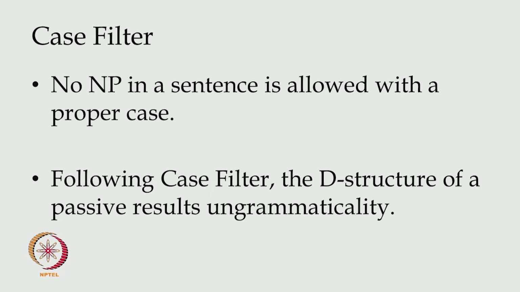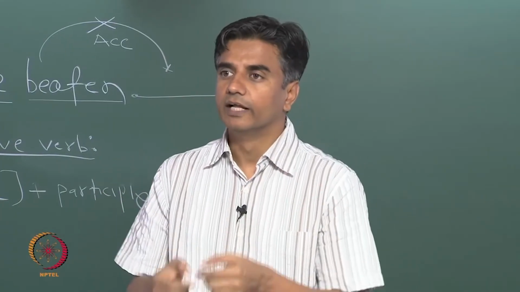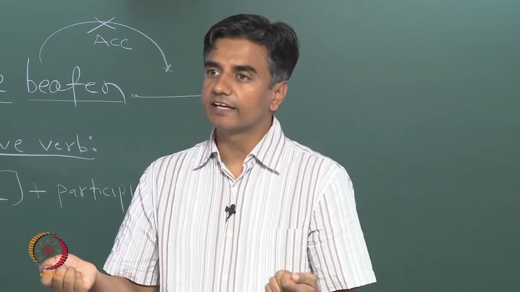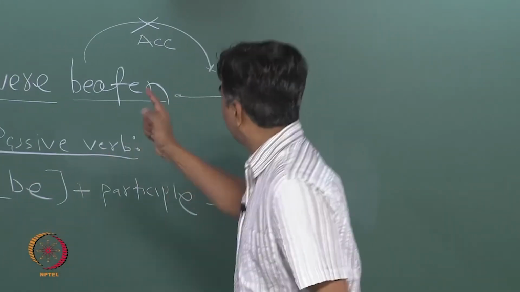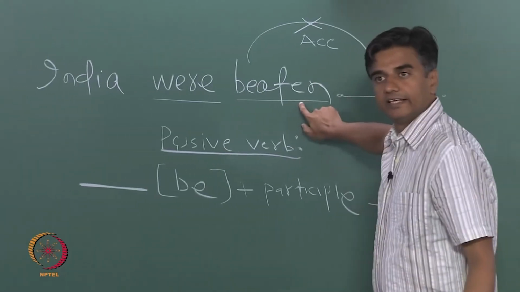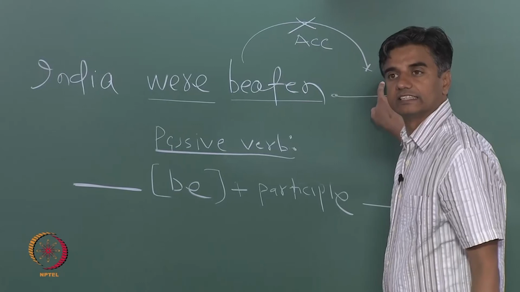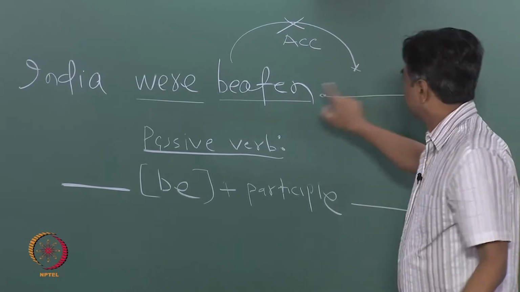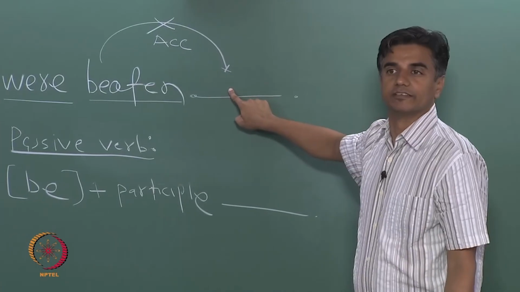There is another problem which is called case filter. I have discussed that with you. It is very simple. Any NP which does not have a case is not allowed in a sentence. The verb is transitive, okay? It has an object, but this verb cannot assign accusative case. Therefore, this NP, India, cannot remain in this position.